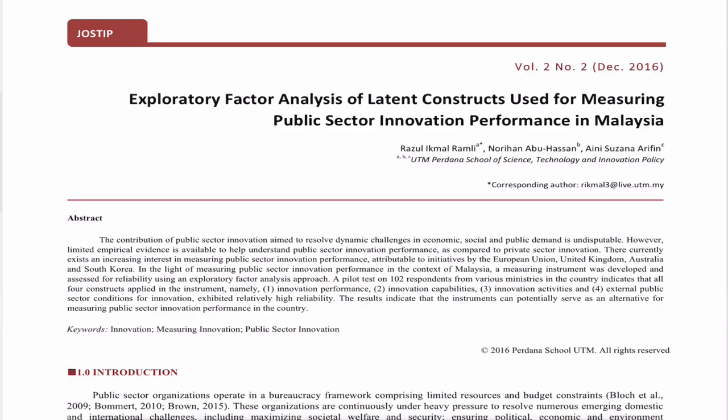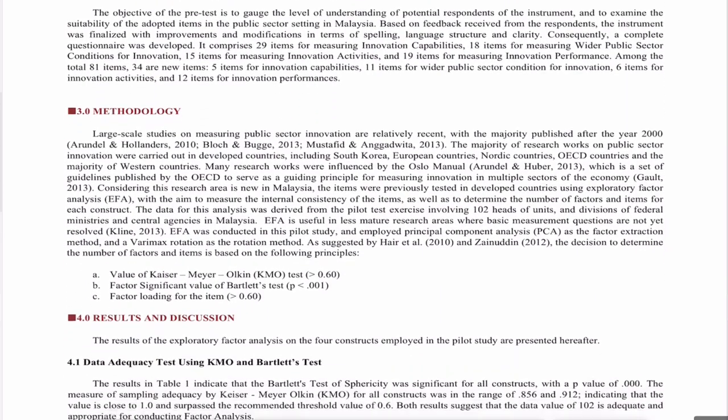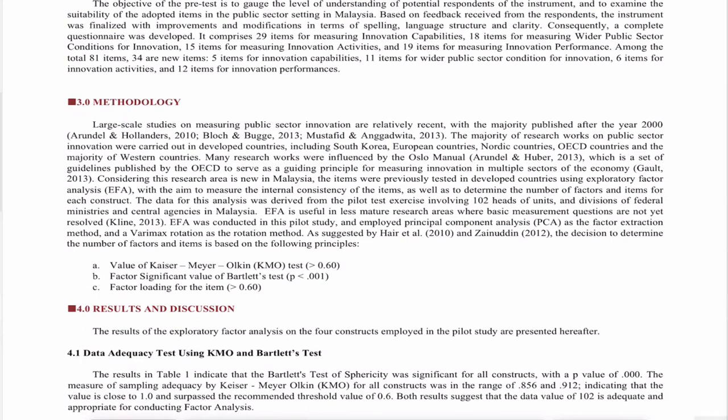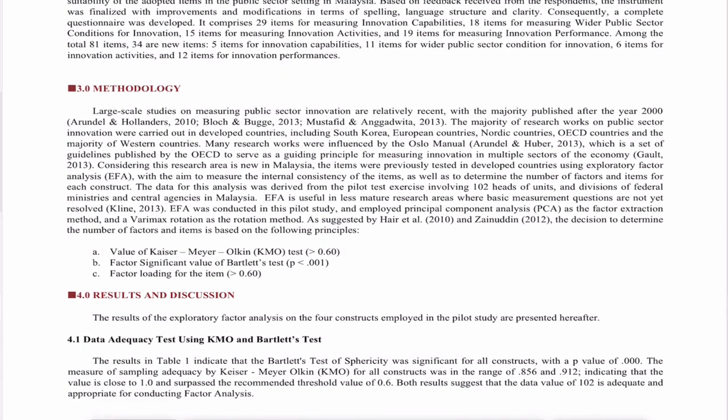So the key here is looking at exploratory factor analysis. Then what you're looking for in the methodology is the exploratory factor analysis here. So in the methodology, you can see that exploratory factor analysis was conducted in the pilot study and deployed by principal component analysis. As I said, principal axis factoring is better, but sometimes this is used in literature.